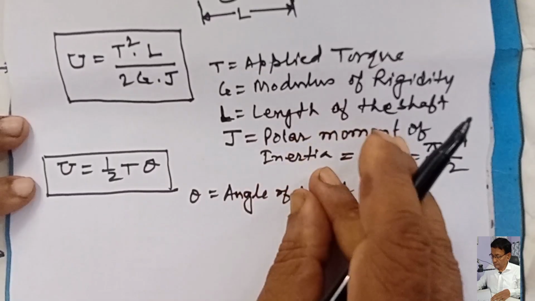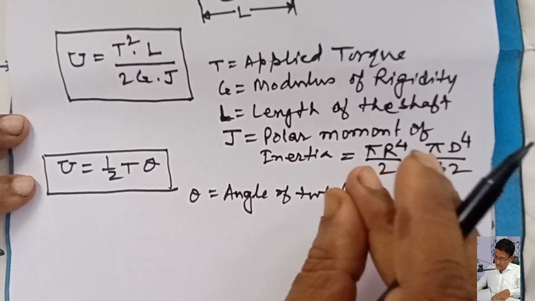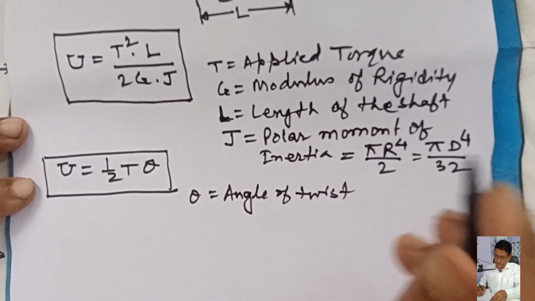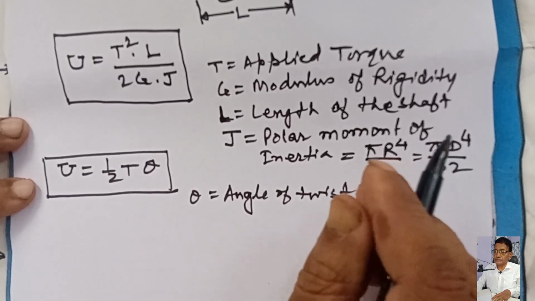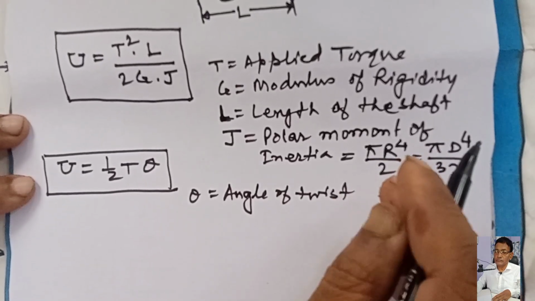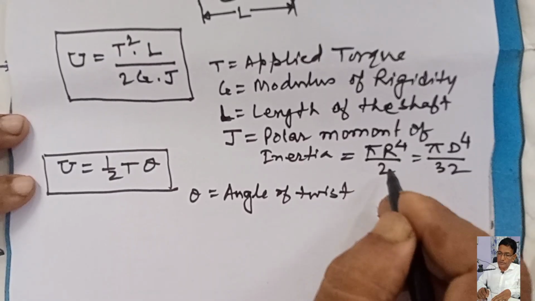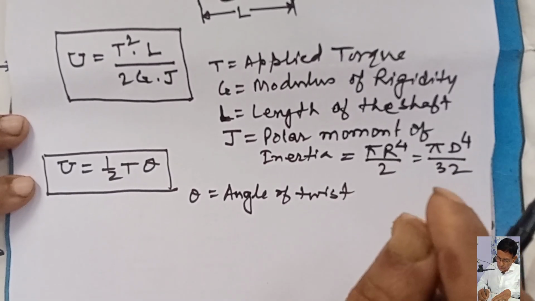Polar moment of inertia is a measure of an object's resistance to twisting. It is a geometrical property of a cross-sectional area. Polar moment of inertia J for a round section is pi r4 by 2 or pi d4 by 32.